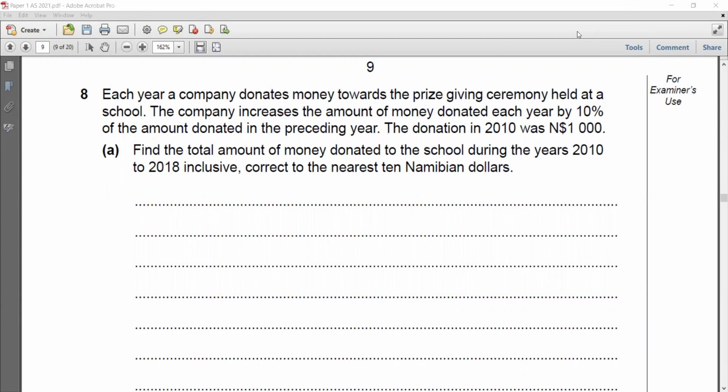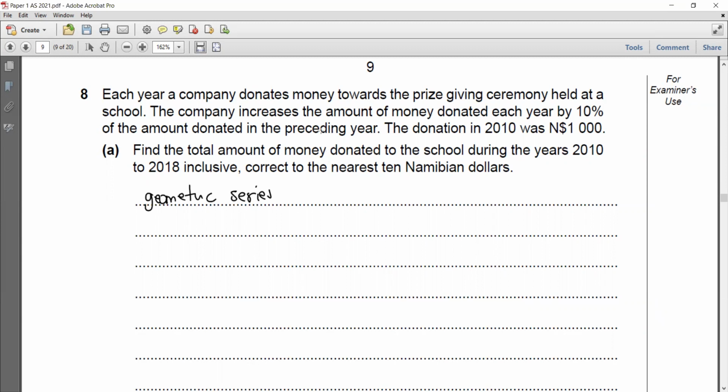This is what we would call a geometric series. It's important to recognize this because what one might be tempted to do is work out each of the amounts that they got in every year. You start 2010, 2011, and so on. You just keep adding 10%, and that's easy enough to do, but it's a lot of work, and it's very easy to make a mistake.